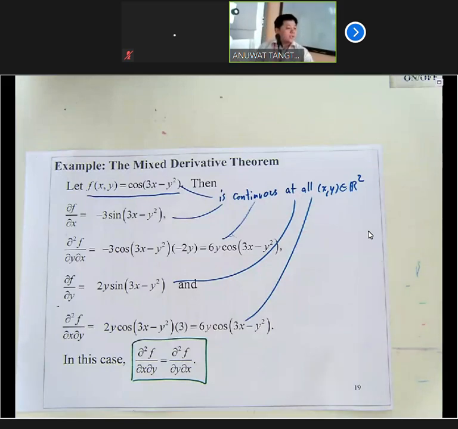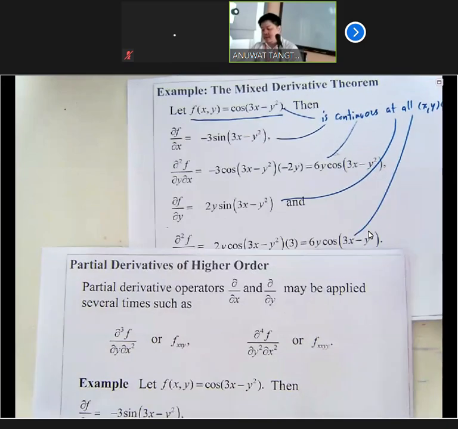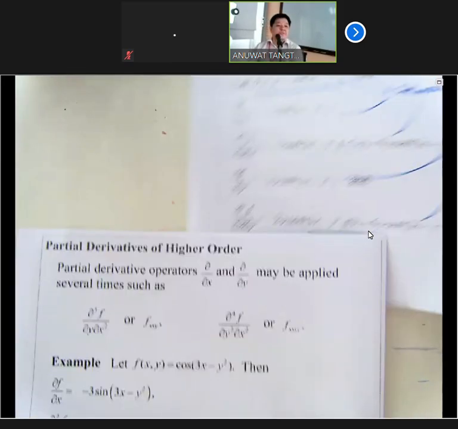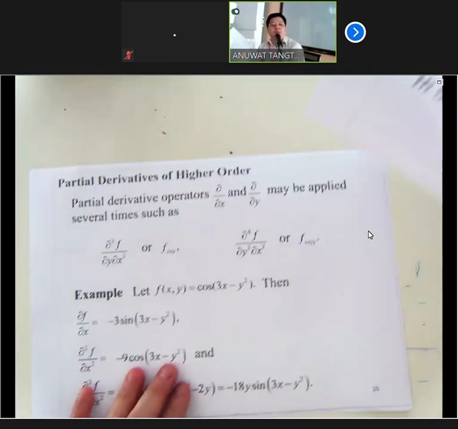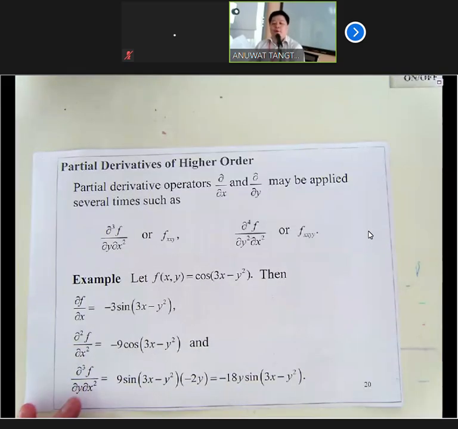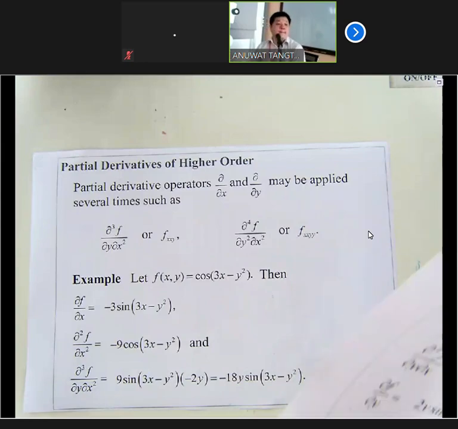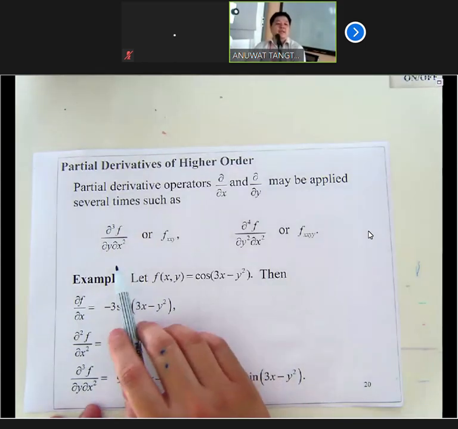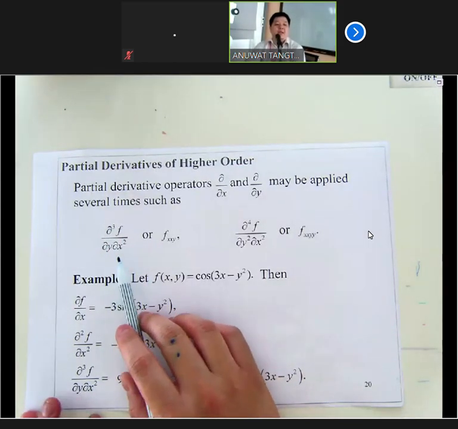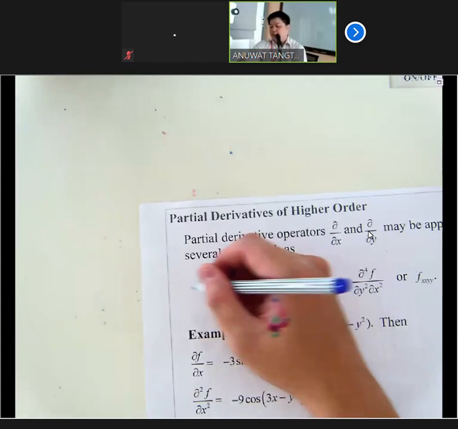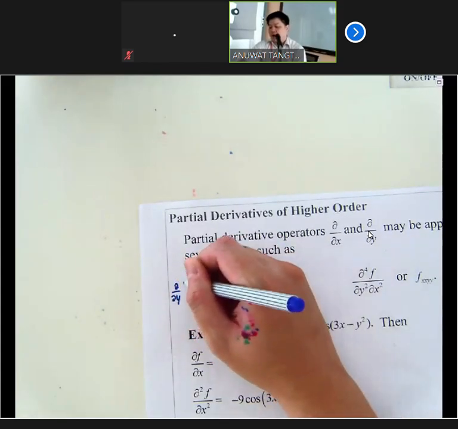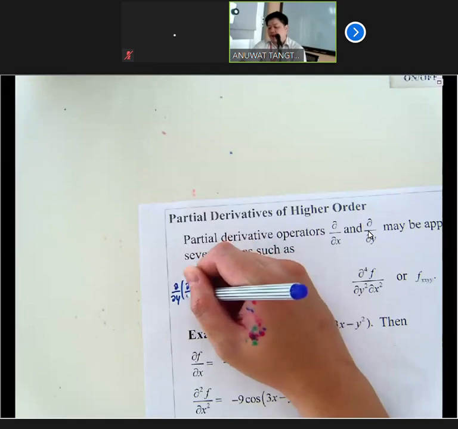Okay, now let's move on to the case of higher order, the third order, the fourth order derivative. It can be defined with the notation in the same way. For the third order derivative, like the cube f by dy dx squared, this one means d by dy of d square f by dx square.